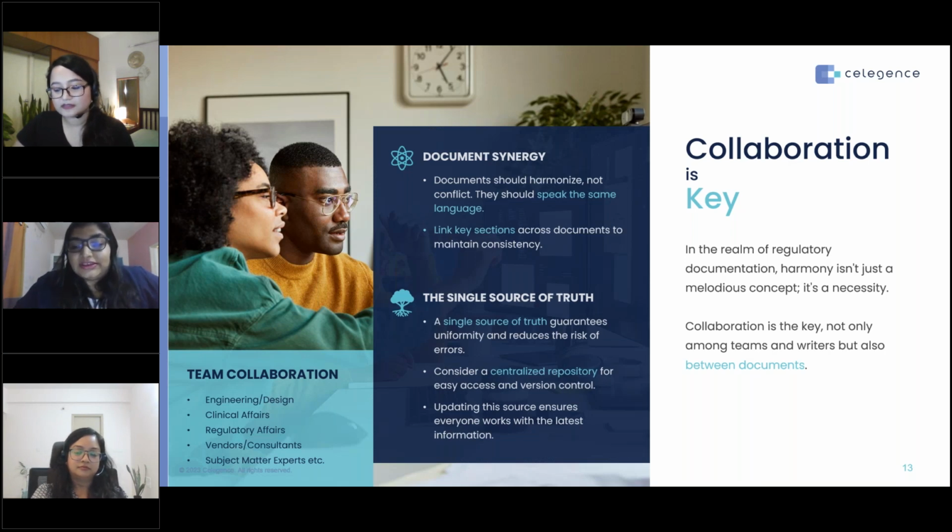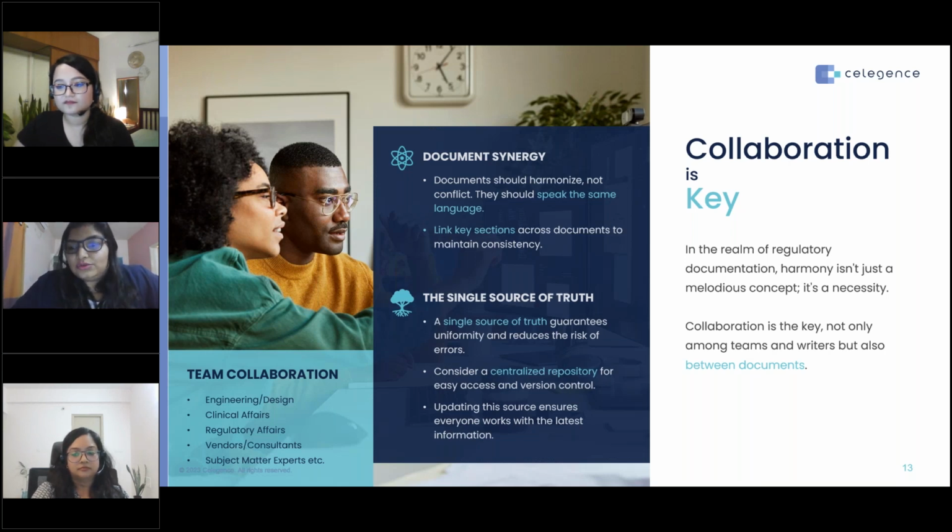And it is essential that your R&D team and the risk team and the post-market surveillance team, clinical affairs, regulatory affairs, marketing, everyone has some contribution to make in the creation and maintenance of these documents. And there should be an avenue for all these stakeholders to interact with each other, to collaborate together, and essentially just be able to exchange ideas and information with ease and with proper documentation.